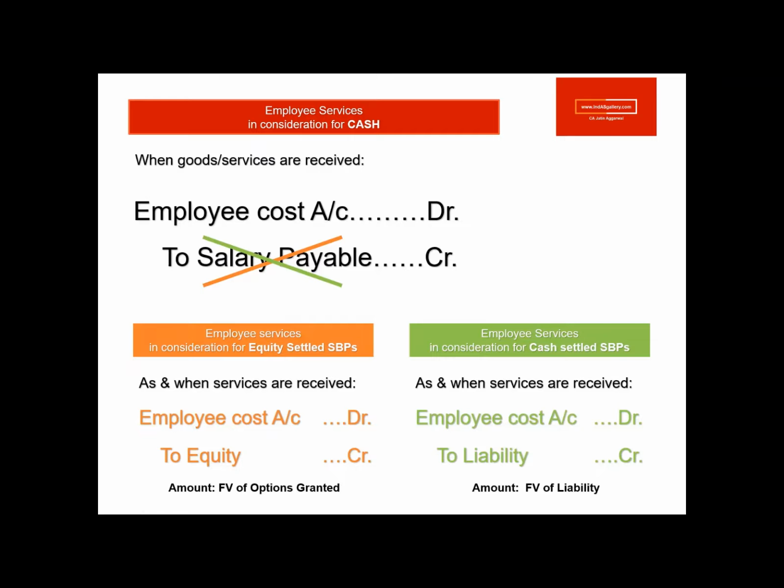One more important difference that you need to note is that as far as measurement is concerned, this accounting entry would be passed with the help of the fair value of the options that were granted as on the grant date. I'll repeat, it is going to be the fair value as on the grant date. But in the other case, the fair value of the option as on each reporting date is going to be used for the purpose of measurement.